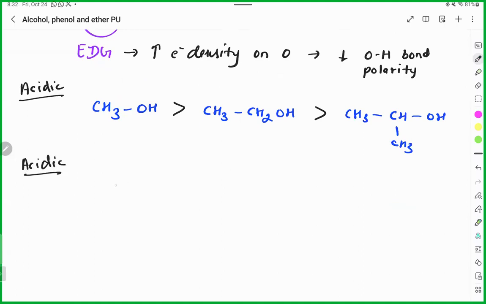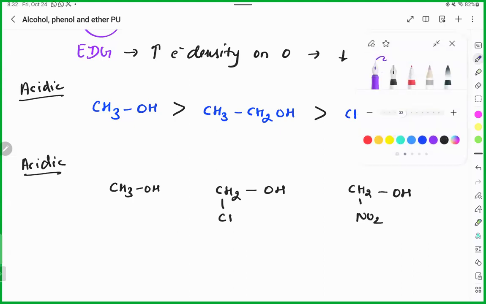Example, you have CH3OH, you have CH2ClOH, and then you have CH2NO2OH. What is the sequence of acidic characters?